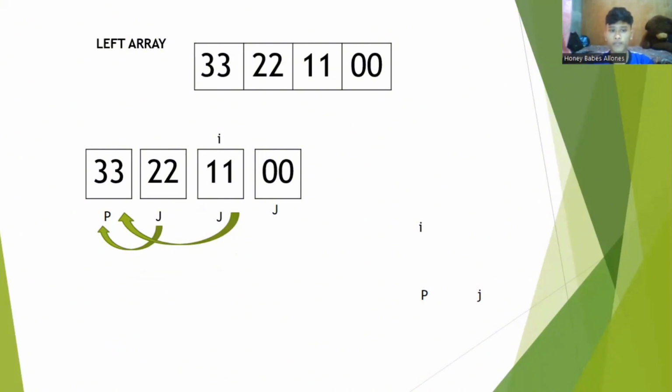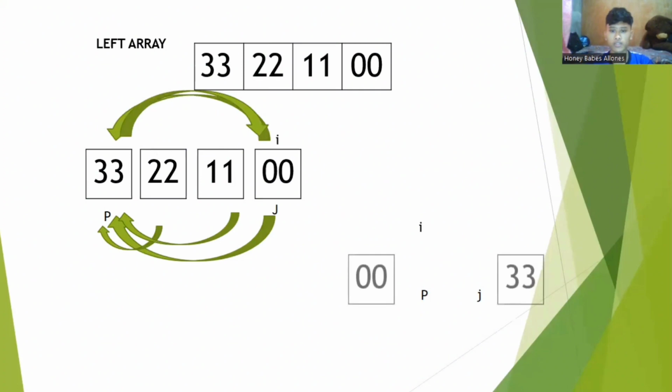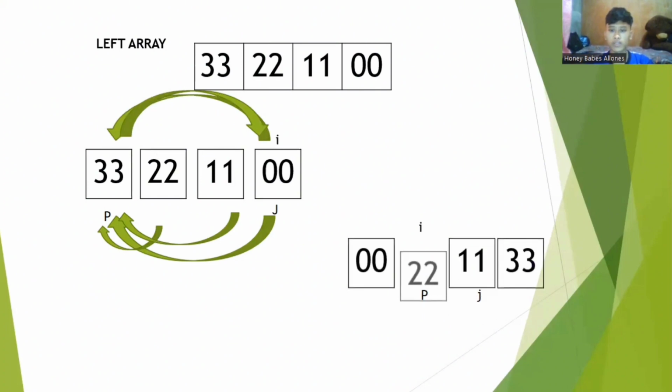Then we move J to 00, which is also true, so I will increment and move to 00. I and 33, where our pivot is, change places. The array is now 00, 22, 11, and 33.